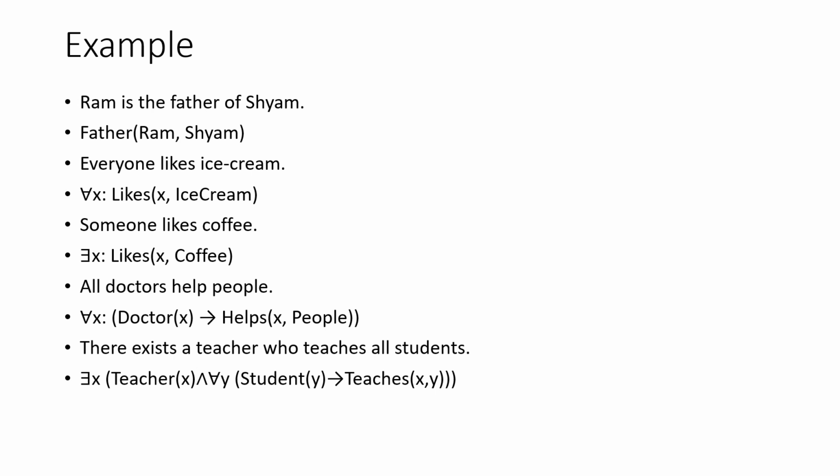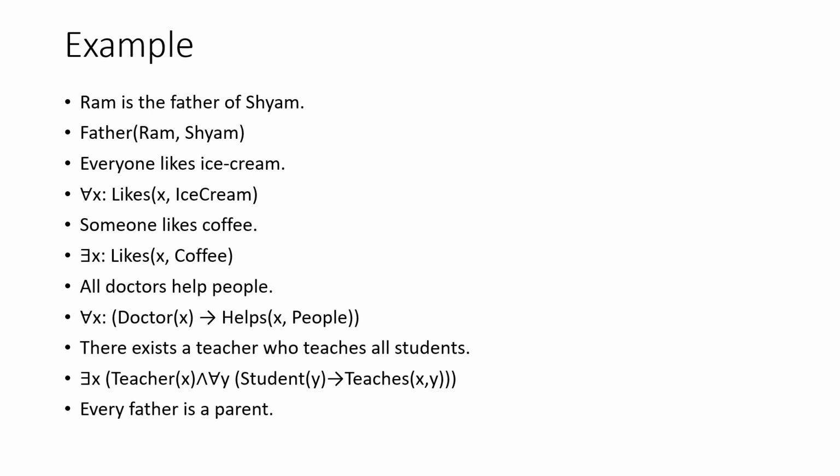So here you can see some x. That means there is only one teacher. There exists a teacher who teaches all students. So that means some x, teacher of x, and for all y, student of y implies teaches x comma y. So one teacher and all students: teaches x comma y.